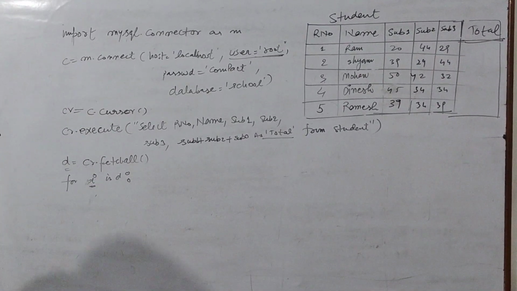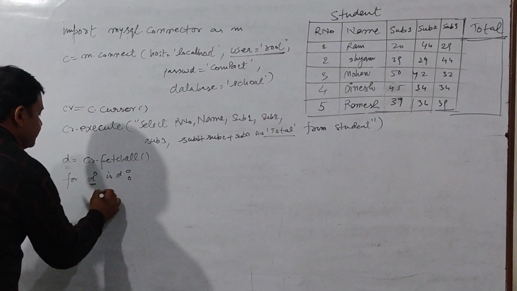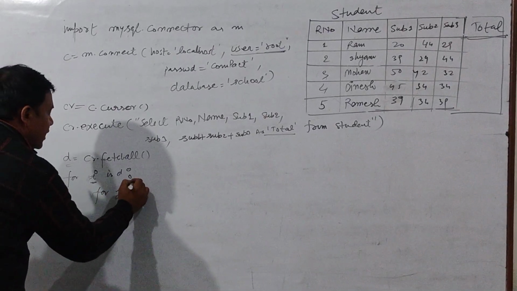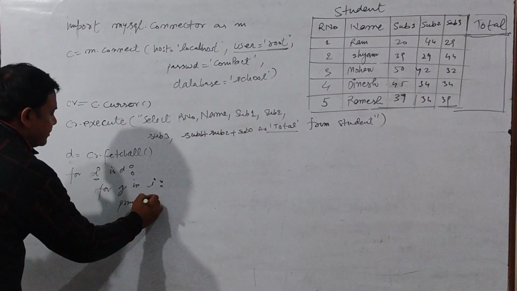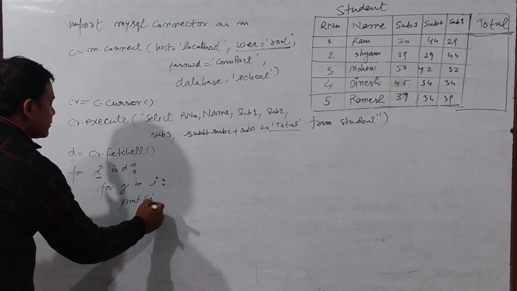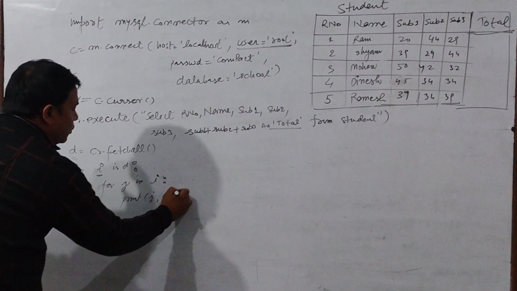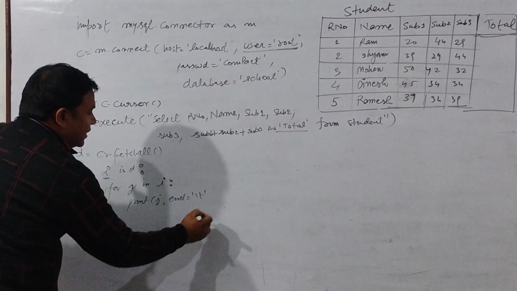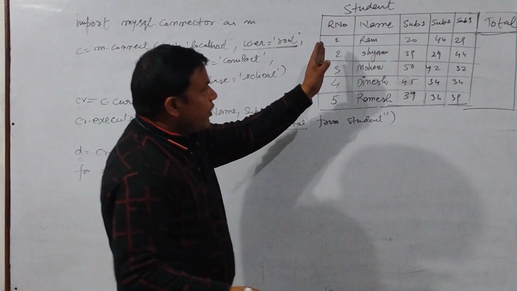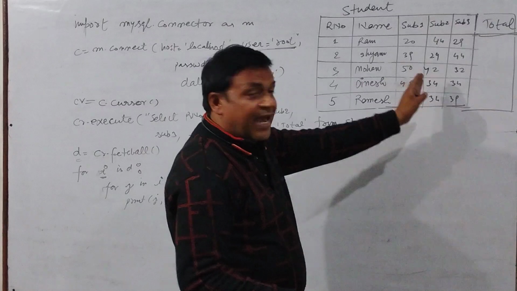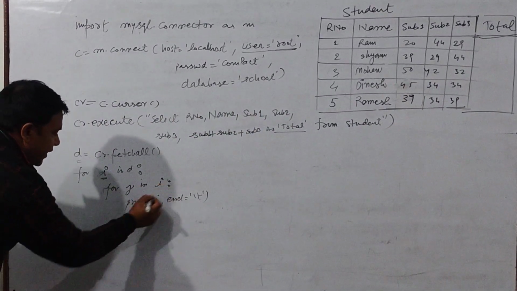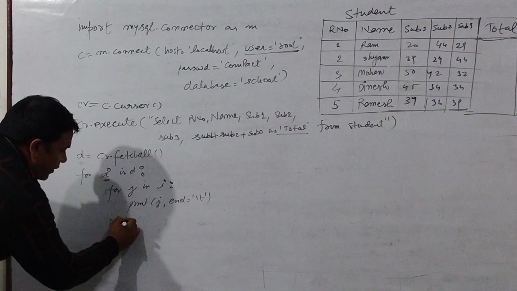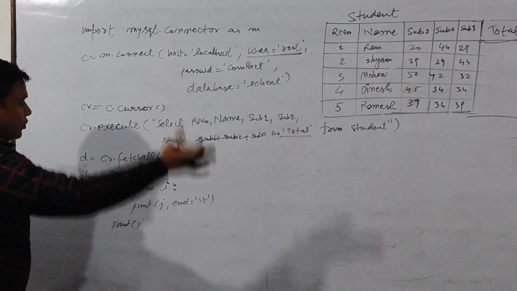You can traverse it by another loop: for j in i, print j, and end equal to backslash t, because for each column you have to add a tab space. And after ending the inner loop you have to print, because you want to change the line for each row.